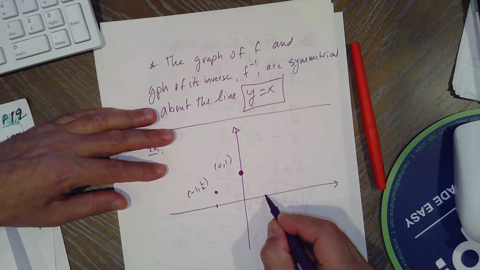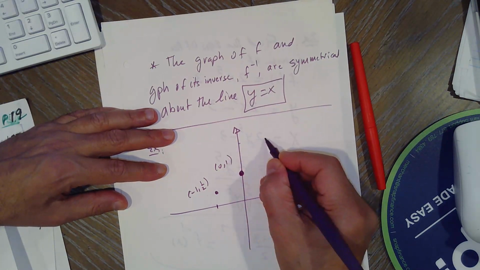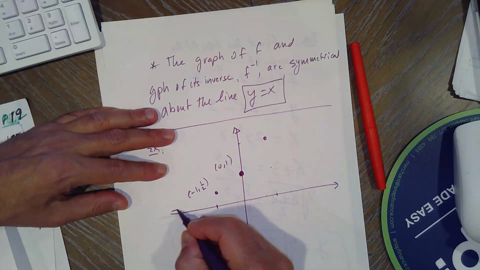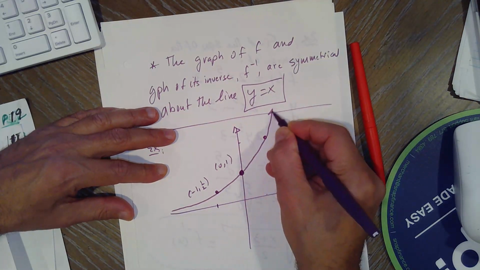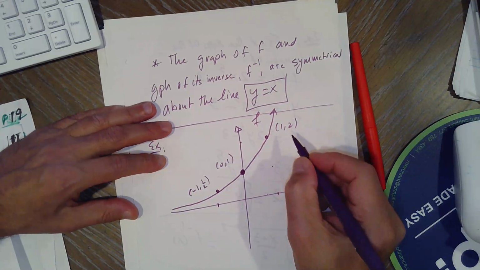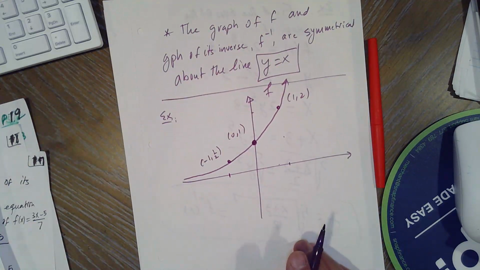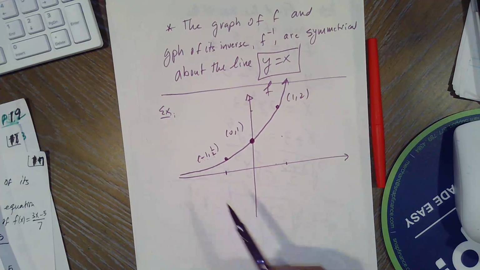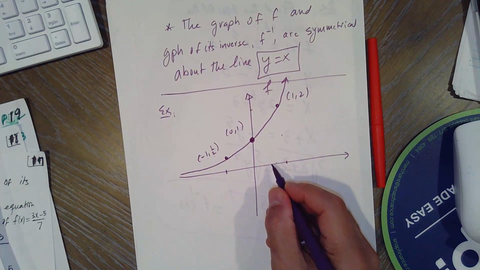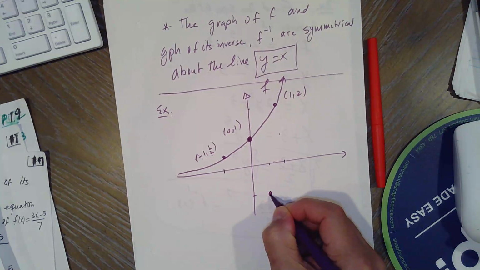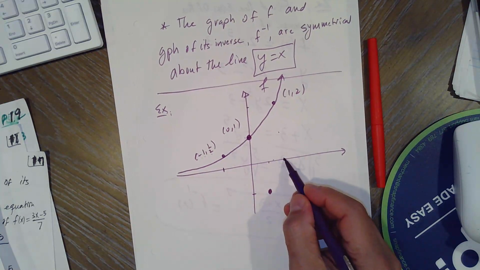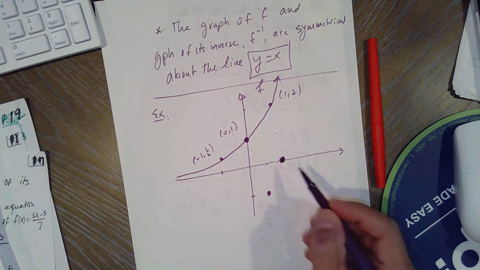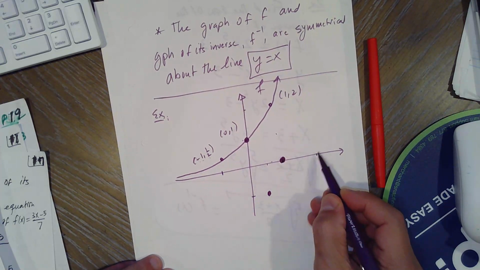And the third one is (1, 2). So this is the graph of f. It goes along the negative x-axis. And I want you to graph the inverse. I give you 3 points and say graph the inverse. The first thing you want to do is flip x and y. It gives you a point on the inverse. So (1/2, -1). And then (0, 1) becomes (1, 0). And then (1, 2) becomes (2, 1).